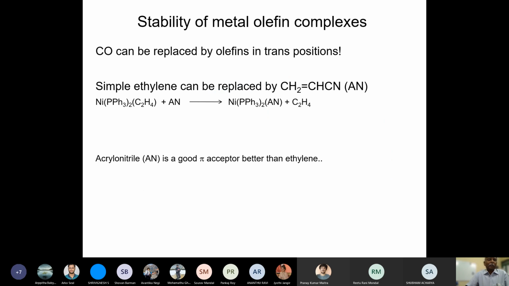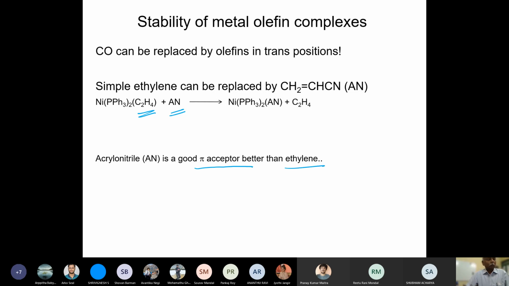So let me end by talking about stability of metal complexes. I told you that ethylene is replaced by acrylonitrile, and this is a question of stability because this is a better pi acceptor than ethylene.